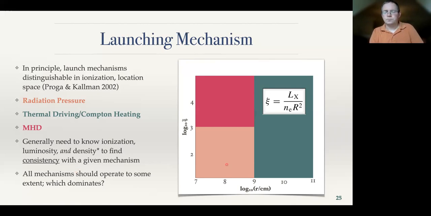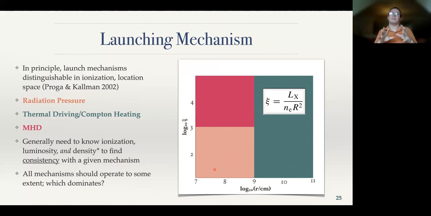So, if you find that a wind is in the outer accretion disk and it's moderately or fairly highly ionized, you could say, well, that could be a thermally driven wind. Generally, if it's closer to the black hole and it's hot, you would tend to say that would be a magnetically driven wind, or if it's cold gas, it could be driven by radiation pressure.